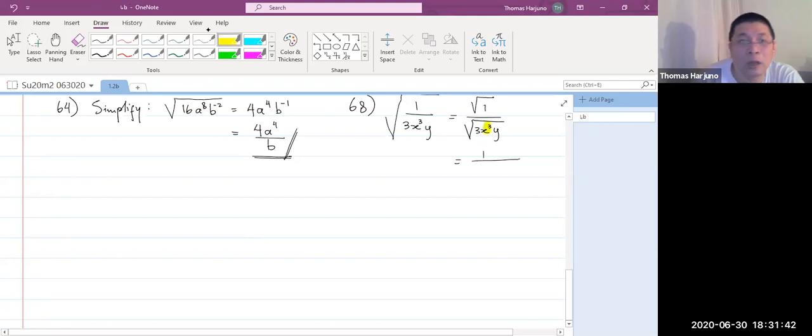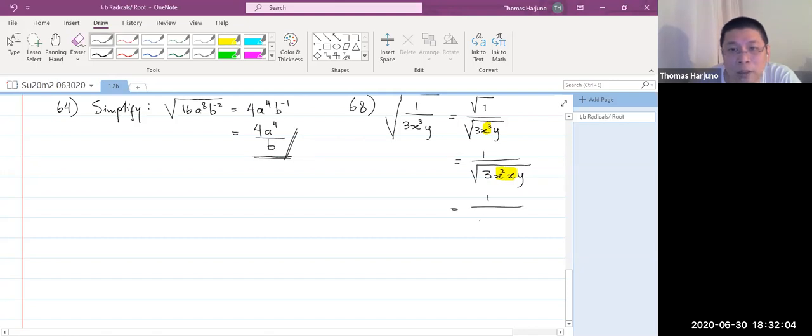Let me rewrite it first so you can see better. I will rewrite it as 3x squared times xy. The reason I rewrite it first is so that you see that x squared, when it comes out from the square root, becomes just x outside. So I have x here, square root of 3xy.